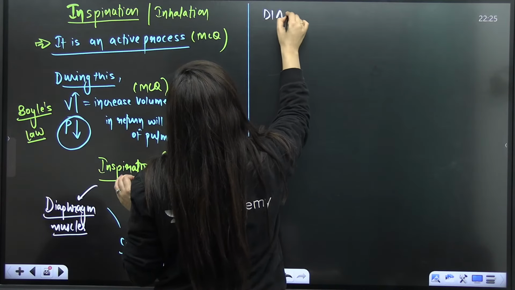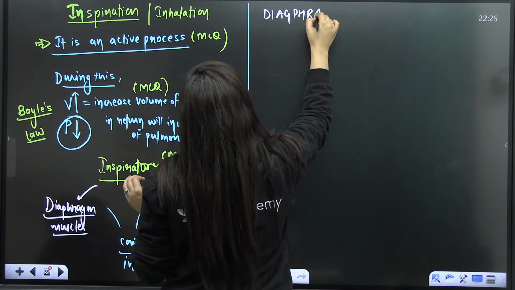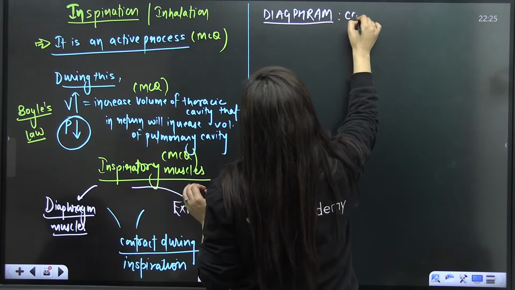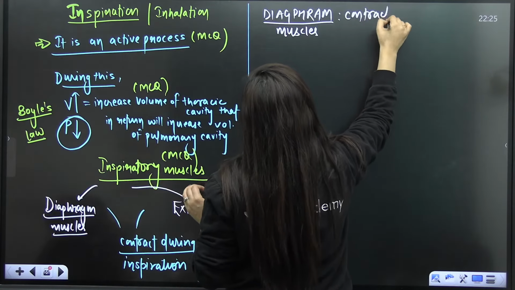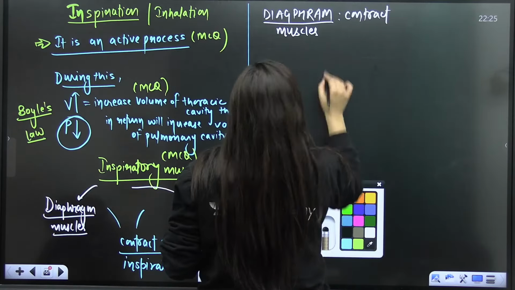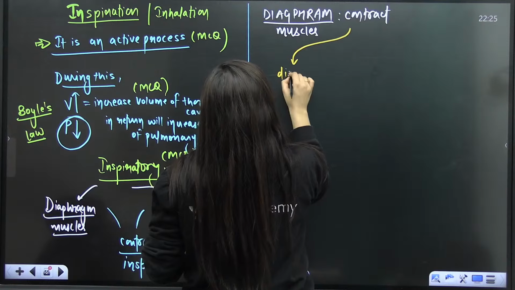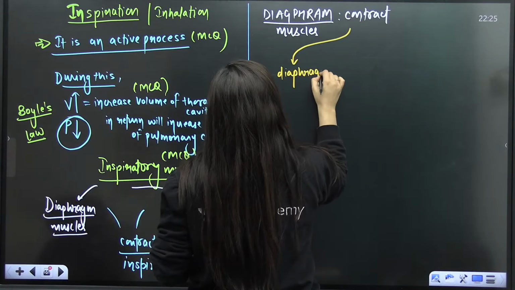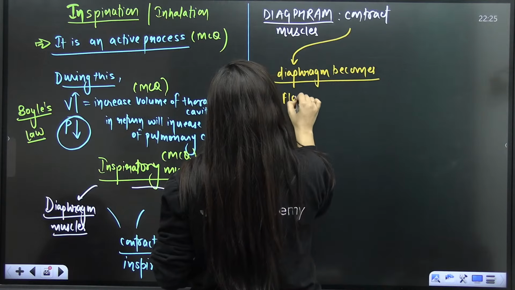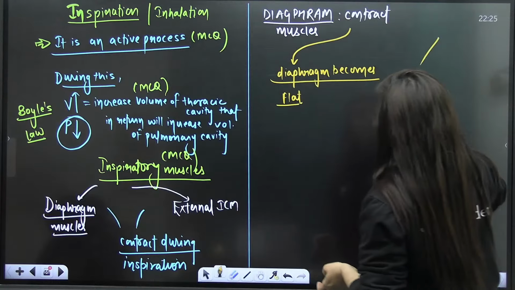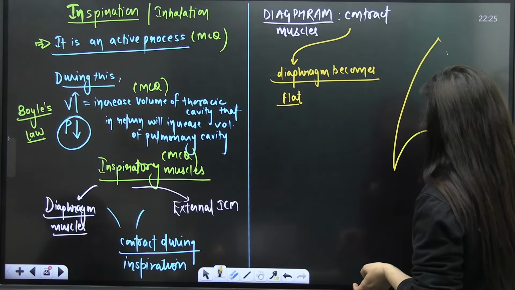So when it is the diaphragm, so muscles contract. So diaphragm becomes flat shaped, becomes flat, simple. So now let's suppose it was like this.